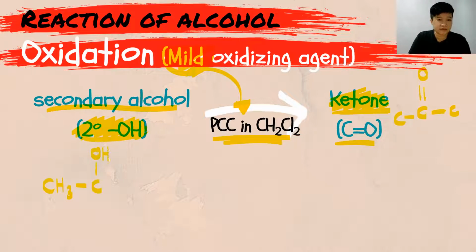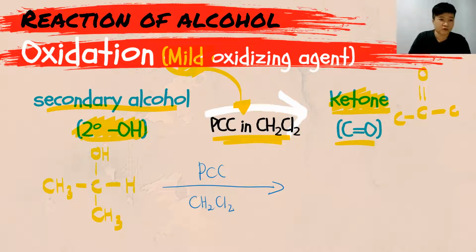Your secondary alcohol is something like this, holding the H. And when it undergoes oxidation by using PCC in your CH2Cl2, the same thing, we only focus on the carbon that's holding the OH. So the carbon that's holding the OH has only one hydrogen.